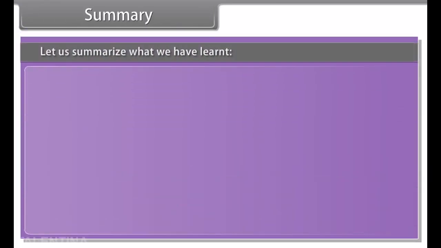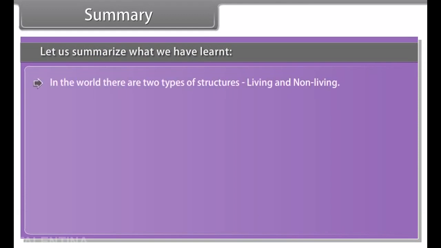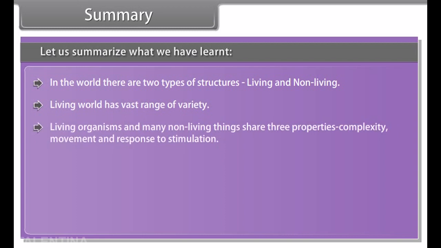Summary. Let us summarize what we have learned. In the world, there are two types of structures, living and non-living. Living world has vast range of variety. Living organisms and many non-living things share three properties: complexity, movement, and response to stimulation.